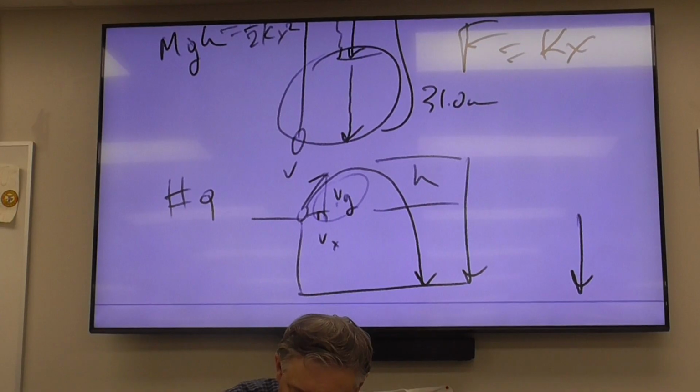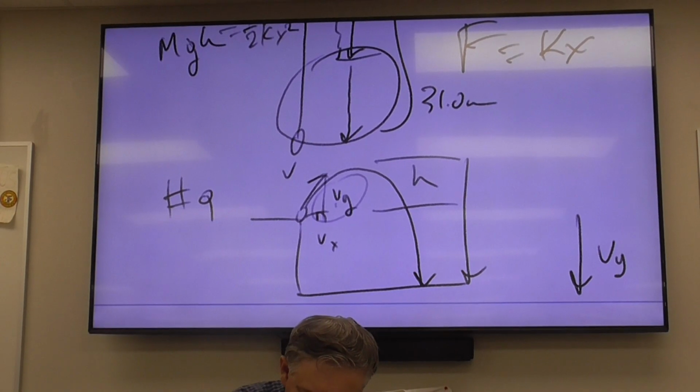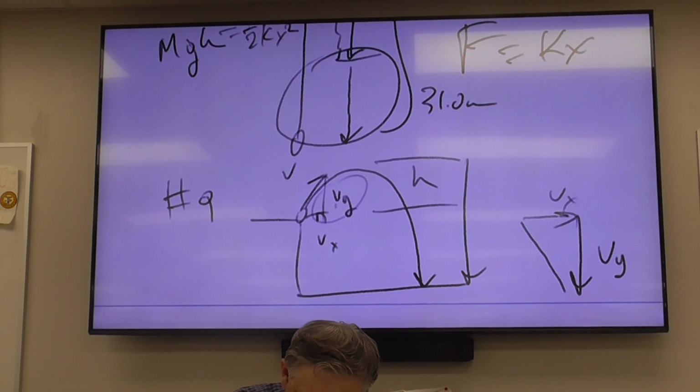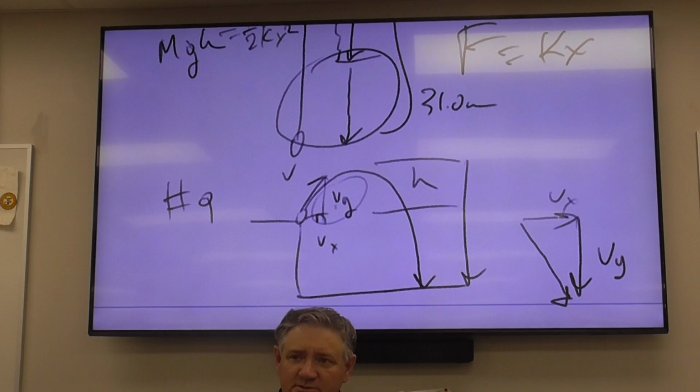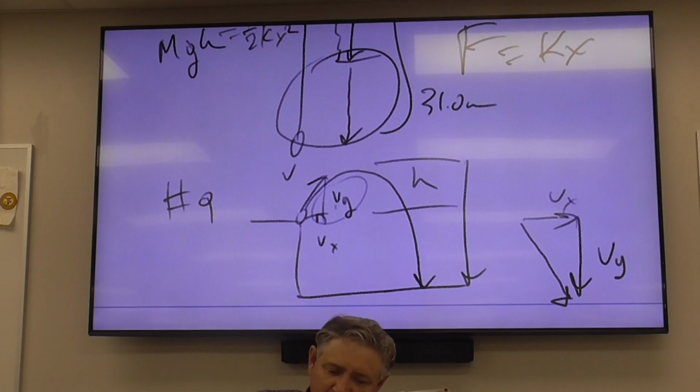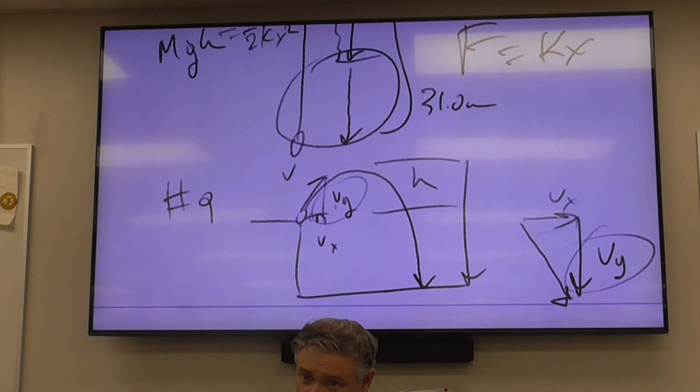So when it lands, you know Vy, you keep the same Vx, and then you find the hypotenuse. Good old projectile motion, because it asks for the speed. That's old school. And if that speaks to you, go with it.